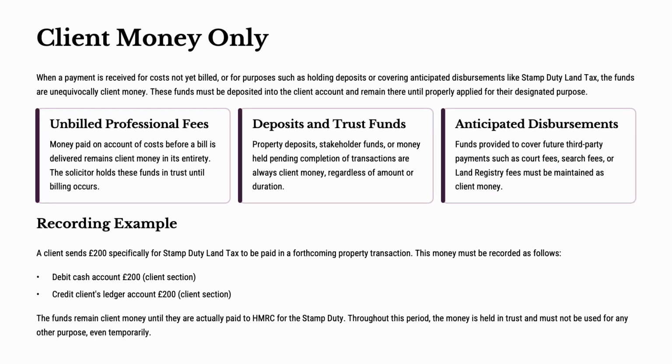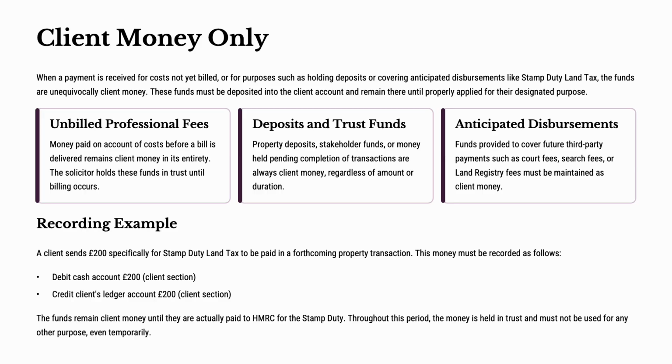So what is client money once you receive it? What entries do you need to make? Payment of unbilled fees: deposits or closing costs are client money and must go into the client account unless otherwise agreed. Once again, these are unbilled fees; even if you have done your work, it is not billed. The example here is £200 received for stamp duty.